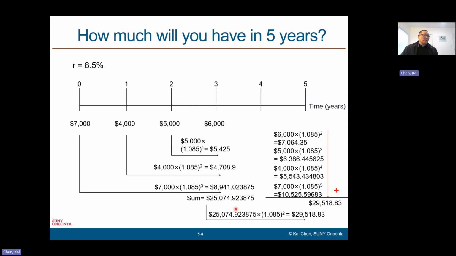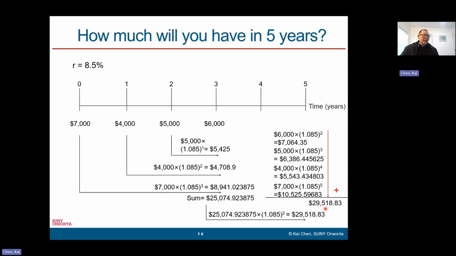So that is the present value. Then times 1 plus R, okay? Then raised to the second power, because from the end of year 3 to the end of year 5, there are 2 years. Your investment, your value growing process lasts for 2 years.